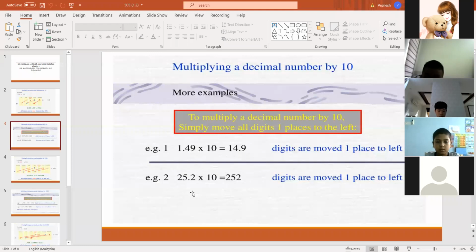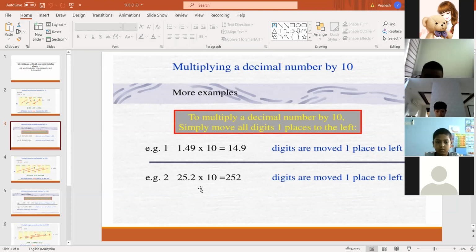And the same goes to example 2 here, 25.2. You are multiplying by 10, which means one decimal place to your right. Please bear this in your mind: when multiplying decimals, you have to move the decimal point to your right.